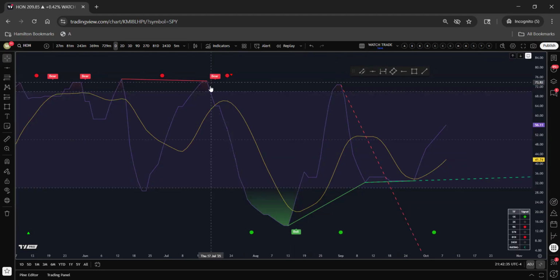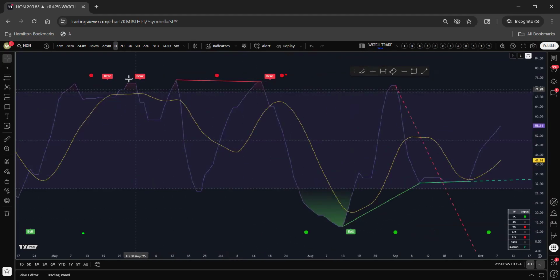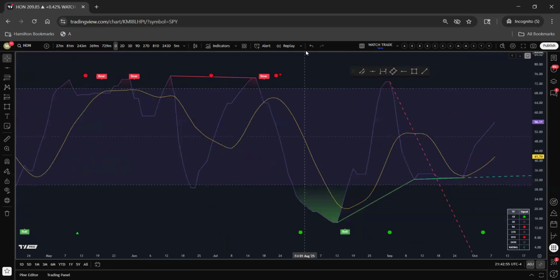So these are going to be great opportunities to enter trades, because you'll only see them after oversold conditions or after overbought conditions. So we're at extreme ends of cycles. This is the end of the bullish cycle, and you can see it goes down here. And this is the end of the bearish cycle. And this is the end of the bullish cycle down here as we're rounding up.